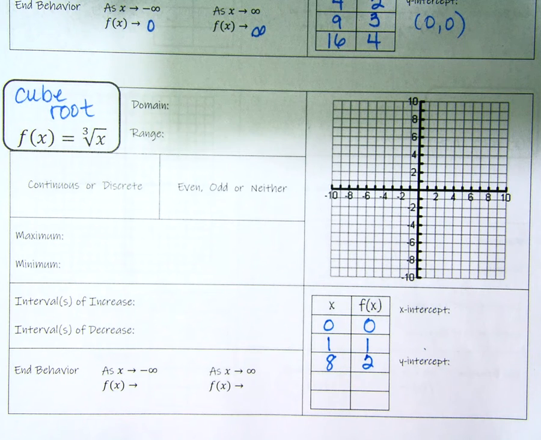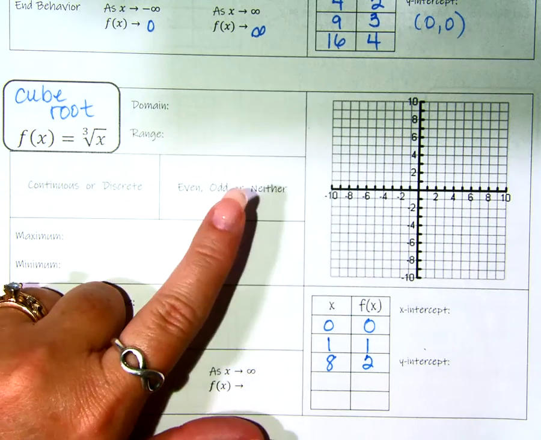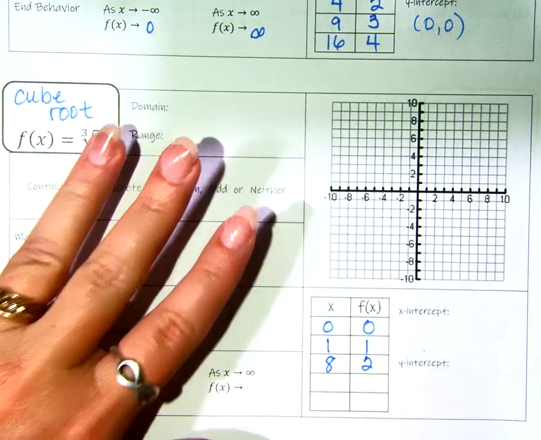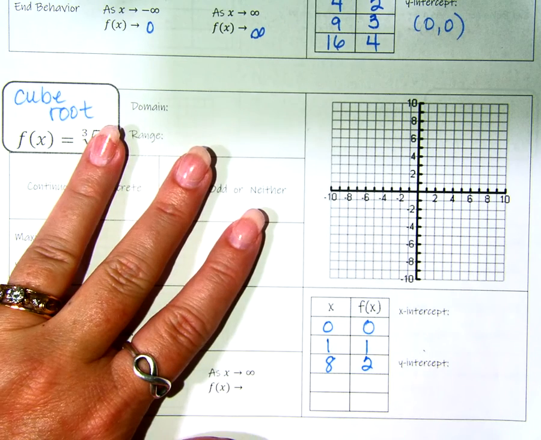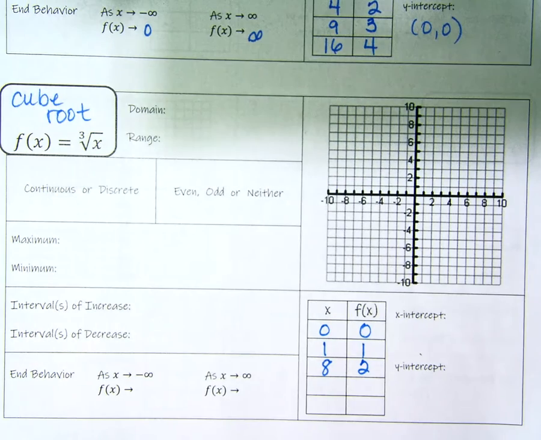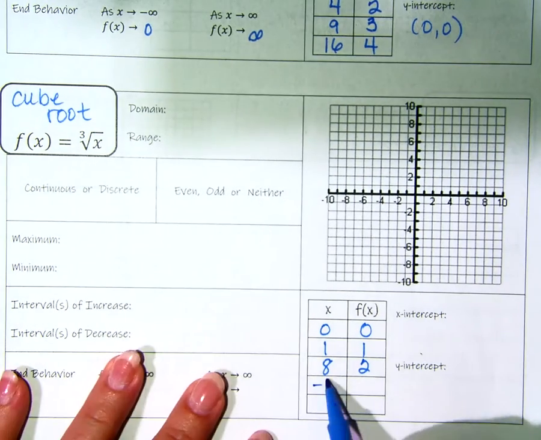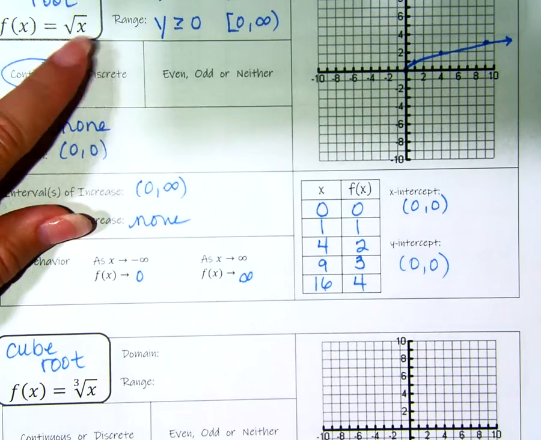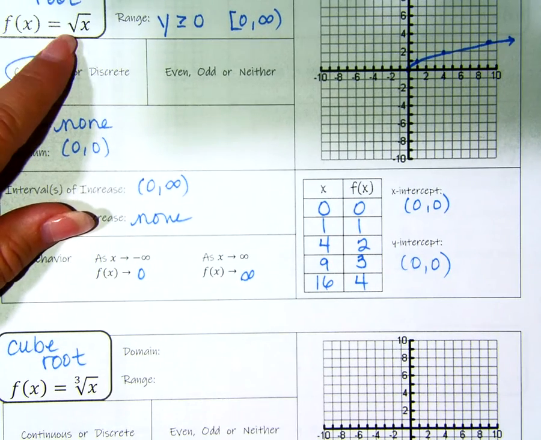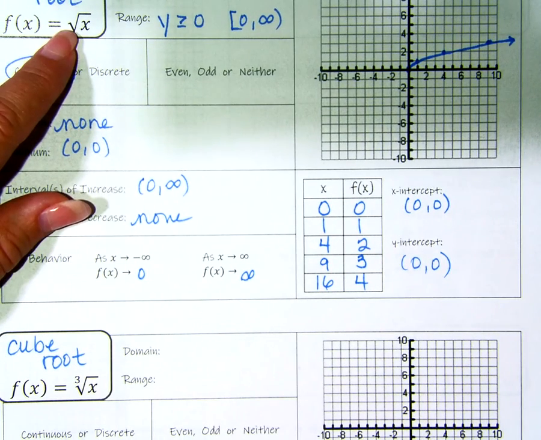Could we choose -1? What times itself equals -1? -1. We couldn't choose negative numbers here, could we? Because it was an even root. Maybe this might be giving away a spoiler for later in the year.